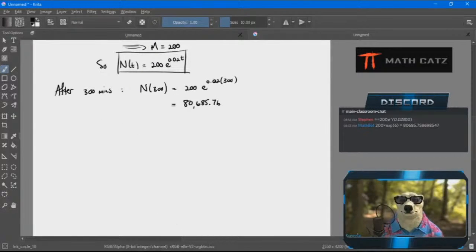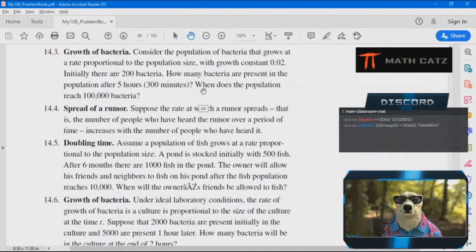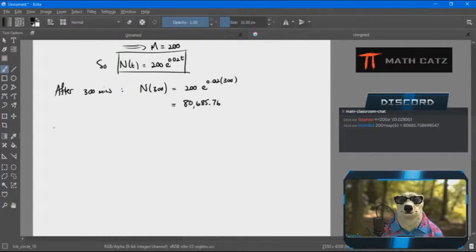And the other question is, given a target population size, when does that happen? So I still use my function. If I get a target of n equaling 100,000, then I simply plug in 100,000 for n and solve for t.